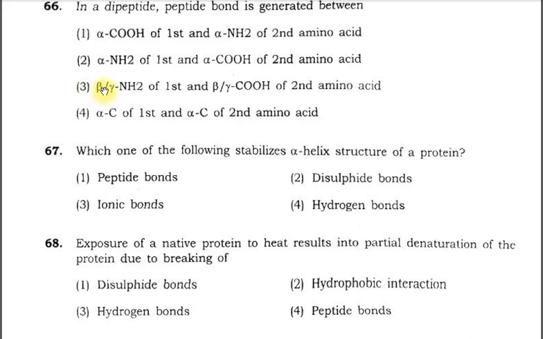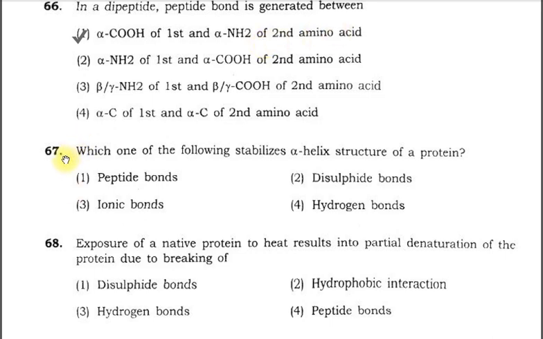Option 3 beta or gamma amino of the first and beta or gamma carboxyl of the second amino acid. Option 4 alpha carbon of the first and alpha carbon of the second amino acid. The correct option is option 1, alpha carboxyl of the first and alpha amino of the second amino acid.